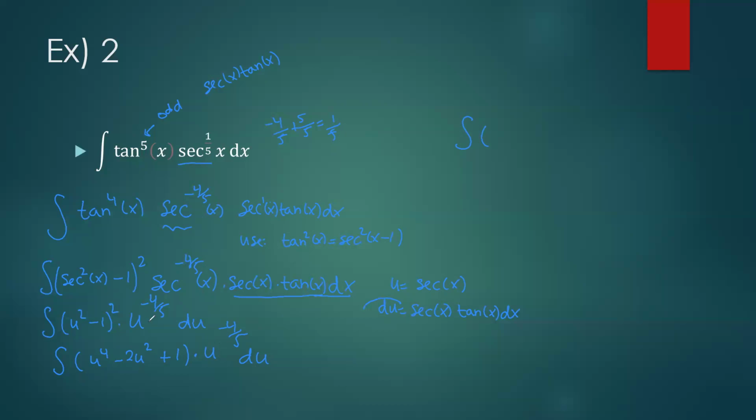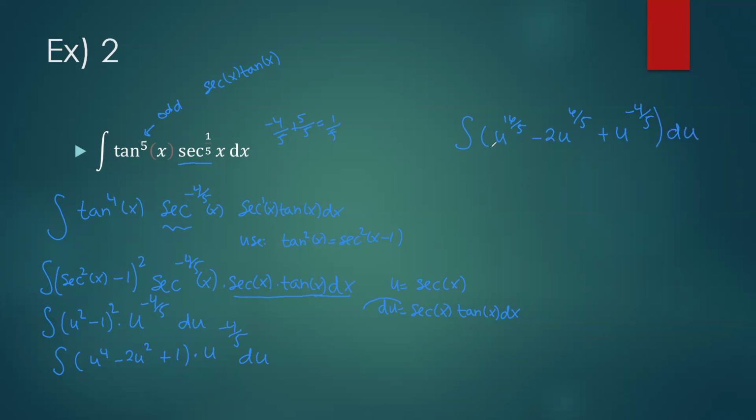So when I multiply u to the negative 4/5 by u to the fourth, that would be u to the 16/5. And then the next term would be negative 2u to the 6/5 plus u to the negative 4/5 du.